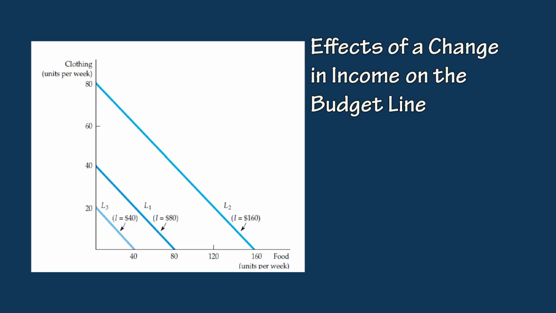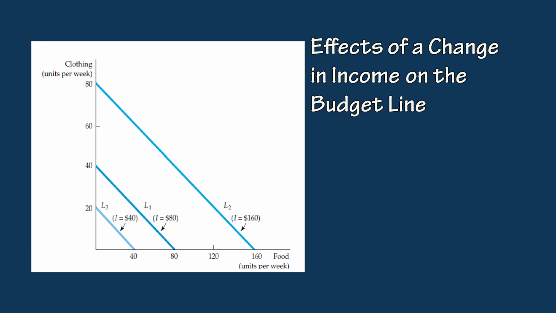If income changes, there are three budget lines in the figure, L1, L2 and L3. We are starting with L1, and as income rises, the budget line shifts rightward, or outward, to L2.